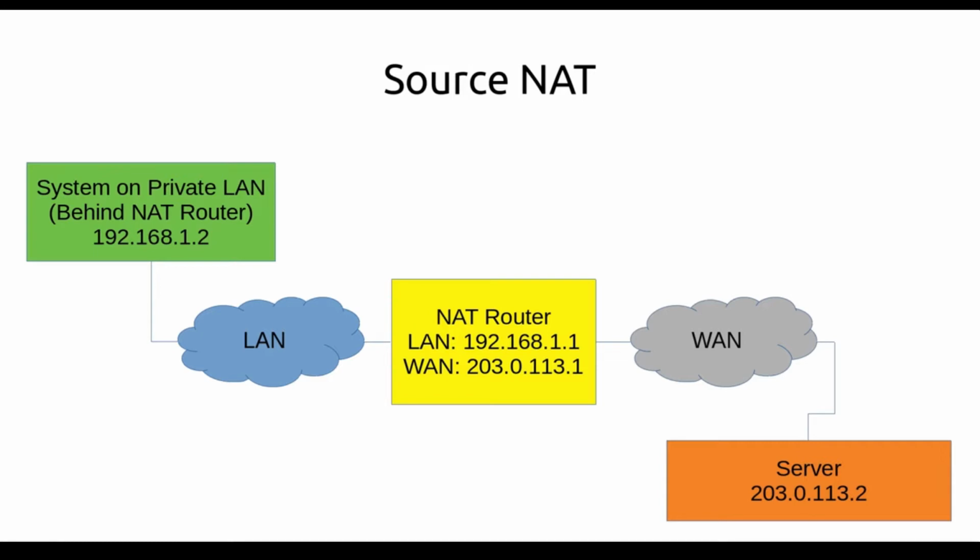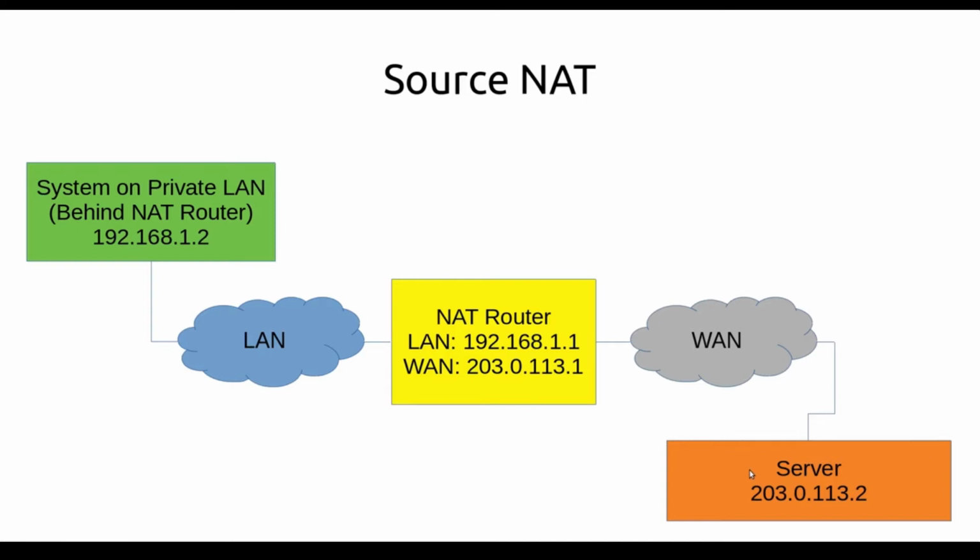This is typically the internet, but not always. And we have a public IP address here, 203.0.113.1. Now this isn't a real public IP address, this is actually a reserved IP range used for documentation, but we're going to pretend like this is a public IP.